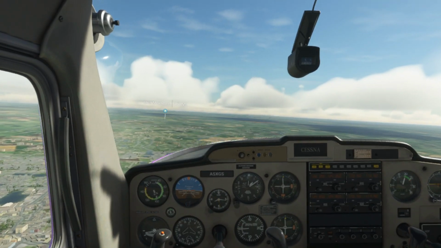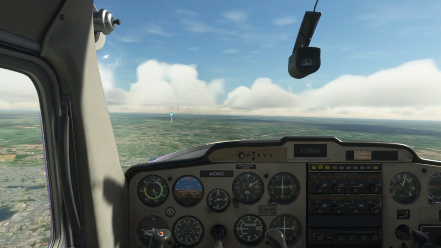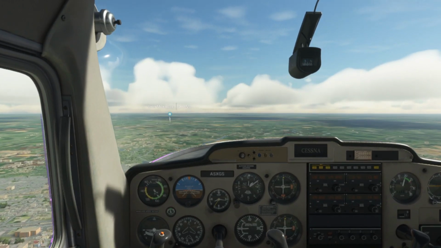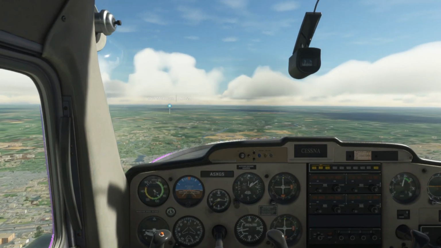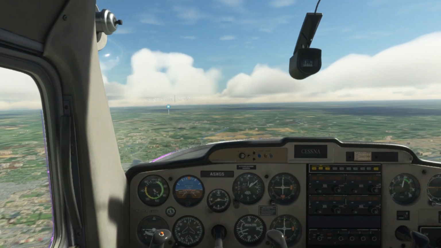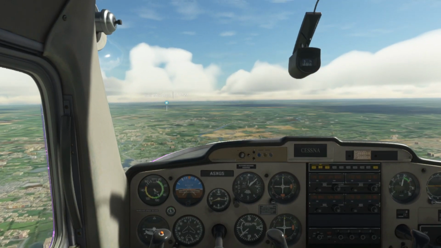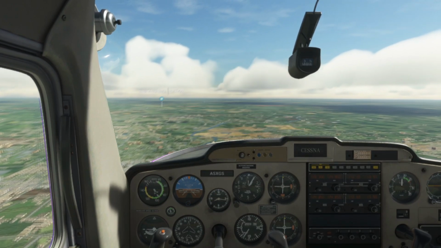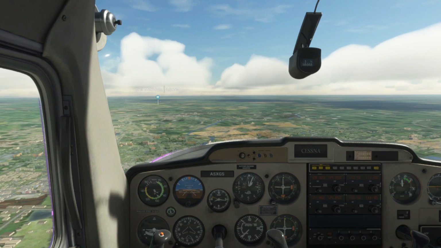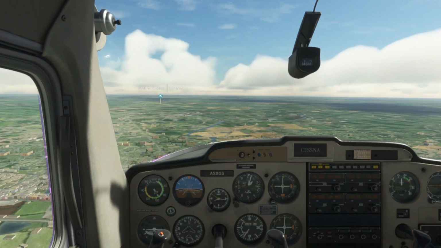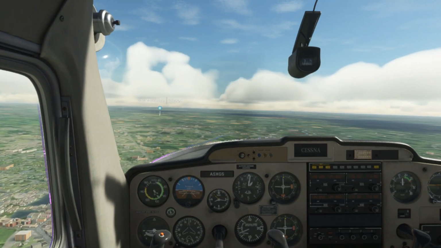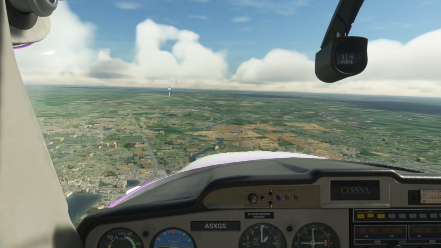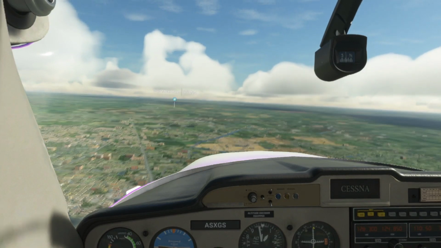I think we're a bit low, but then that's still fine. You can adjust the height once we reach near the runway. The trick is, if you see the PAPI lights and both are white, you can start to descend a bit faster, and if you see both of them being red, you can keep the plane level a bit until one of them is white, and then when two of them are white, you can start to descend again.